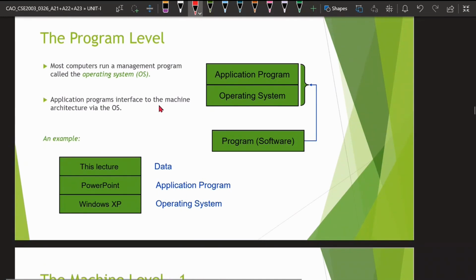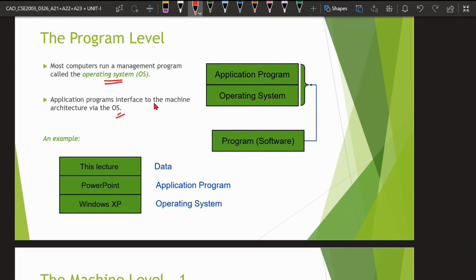So the program level, we have already seen how programs basically work. Most computers run on a management program called the operating system. All the computers will be running on a management program, and that management program is considered the operating system. An application program interfaces to the machine architecture via the OS.